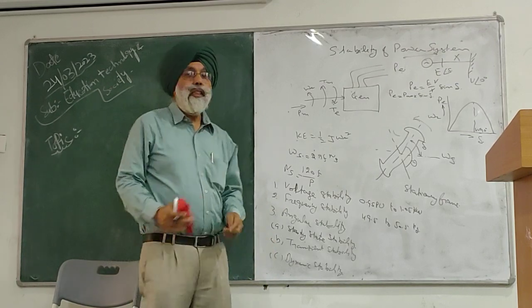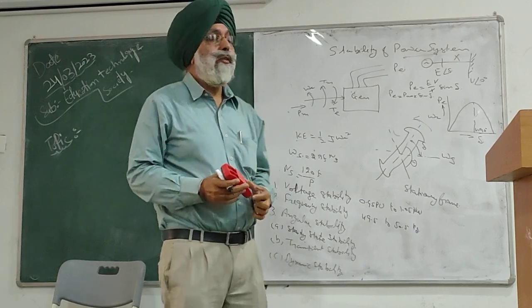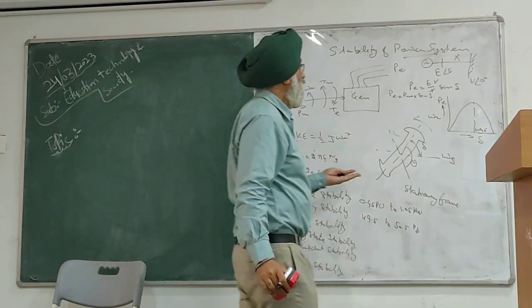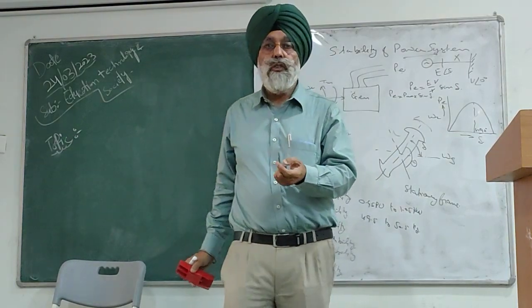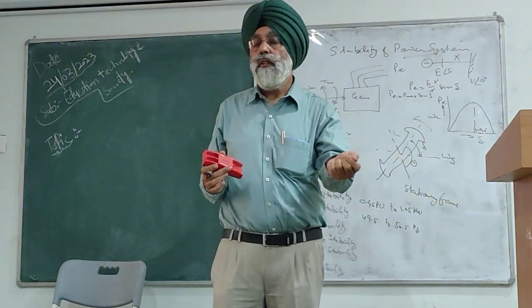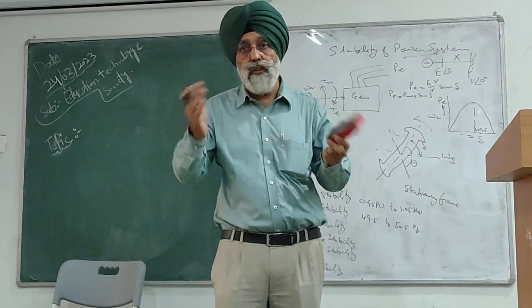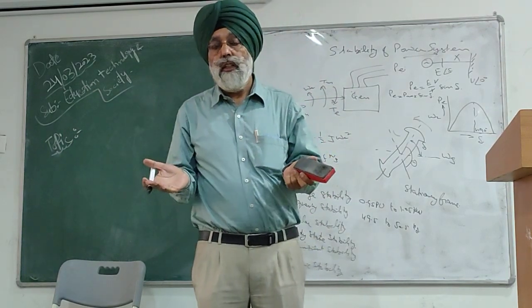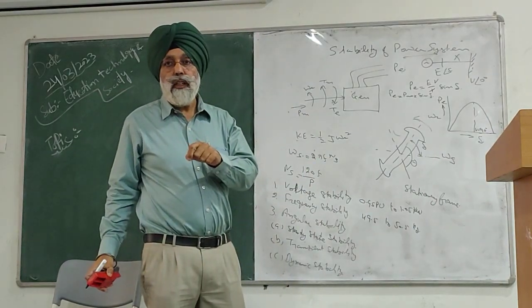So next is the transient stability. In case of the transient stability, we have a disturbance. Disturbance means there is a fault on the line, or a short circuit occurs. So a lot of disturbance on the machine. We switch off or switch on a line.